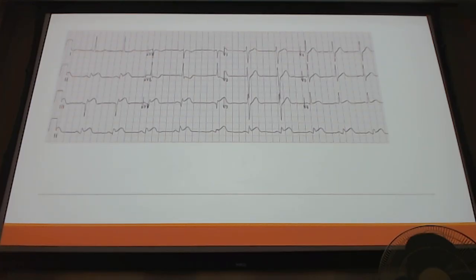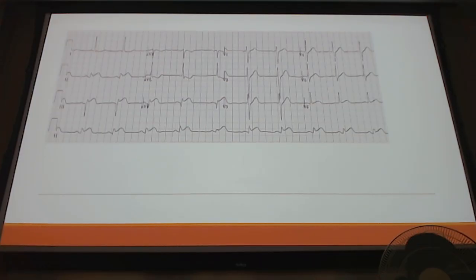What do we see on this one? Inferior. Yeah, inferior, I'd agree. And for these ones, is there another EKG we can get with this?